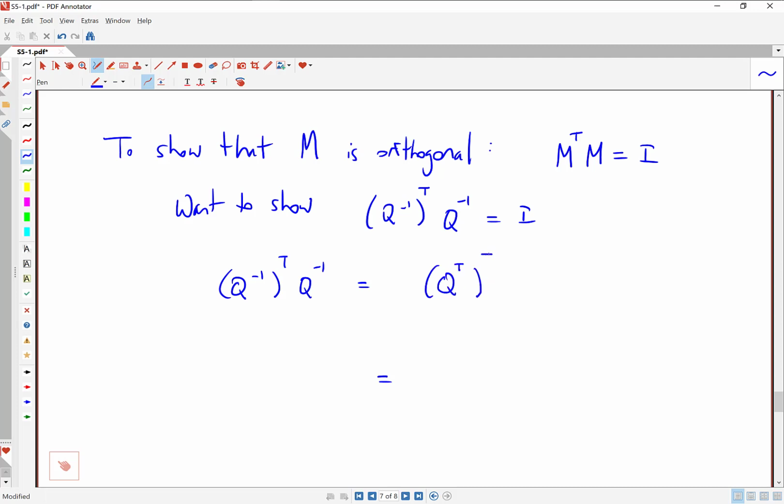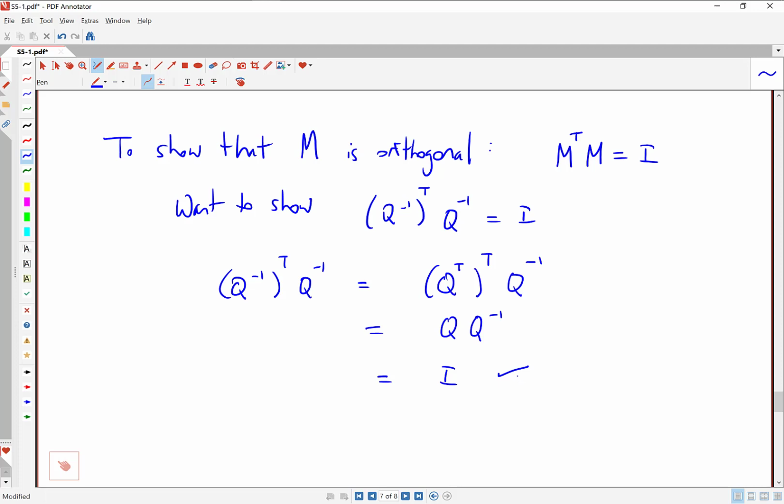So that first matrix really looks like Q transpose transpose, and then that's being multiplied by Q inverse. If we take any matrix and we double transpose it, then we get back to the original matrix. So we got Q times Q inverse. And sure enough, that's equal to the identity matrix.